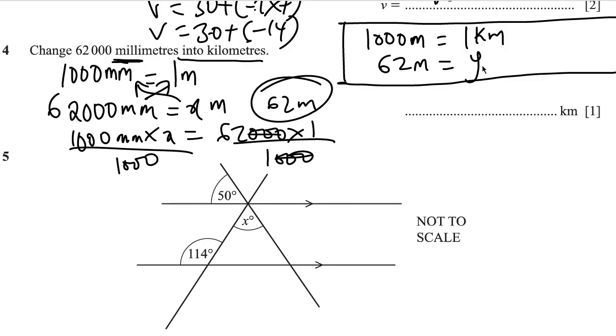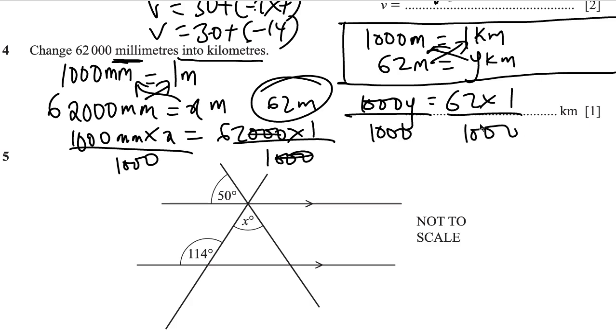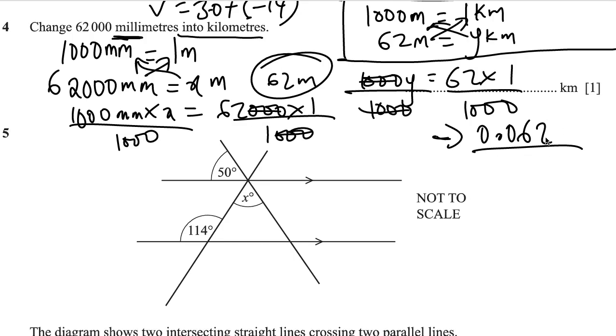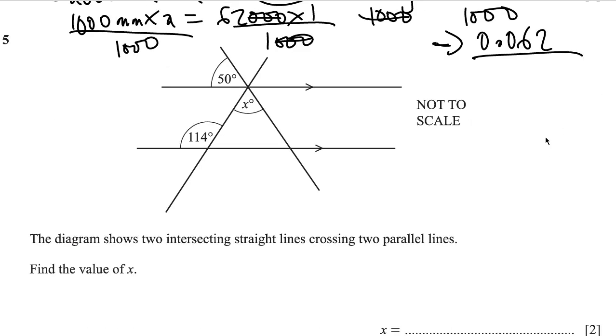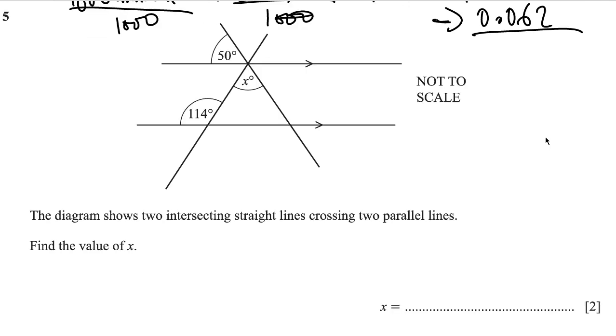Let's call it y. We multiply through: 1,000 y is equal to 62 times 1. Dividing through by 1,000, 62 divided by 1,000 gives us 0.062. That's the value, 0.062 kilometers, and we have successfully converted what we needed to convert.